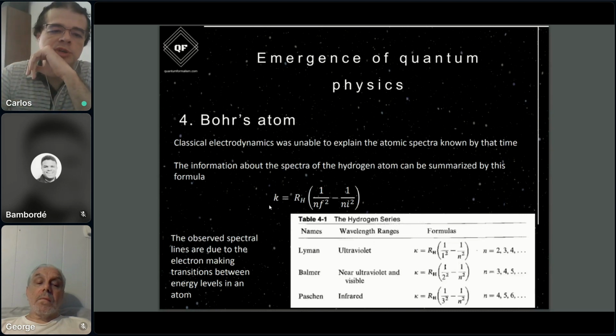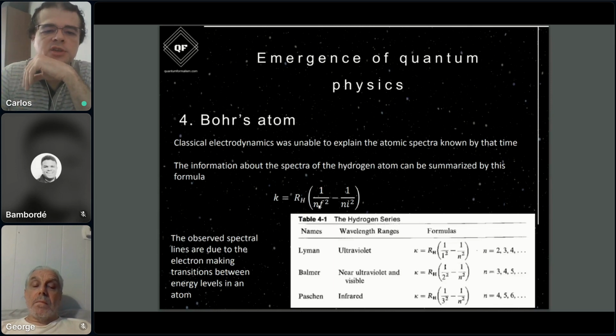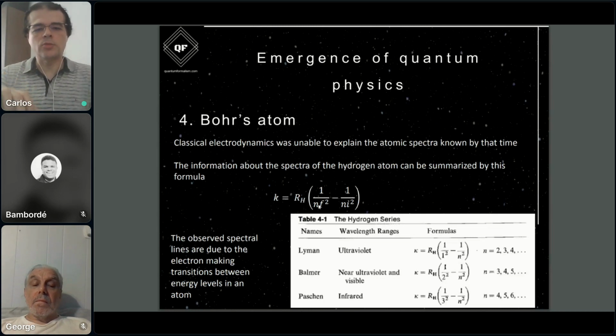You can have an expression like this. This is the wave number, which is proportional to R, the Rydberg constant for the hydrogen atom, something with the inverse of length. And these are the energy levels for the hydrogen atom, the final and the initial level.